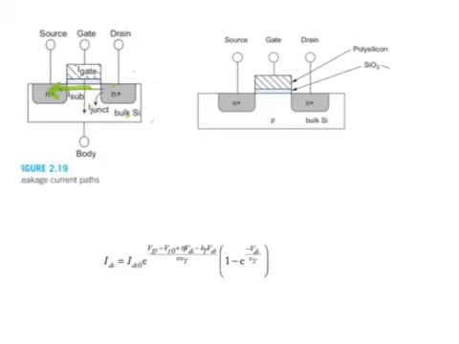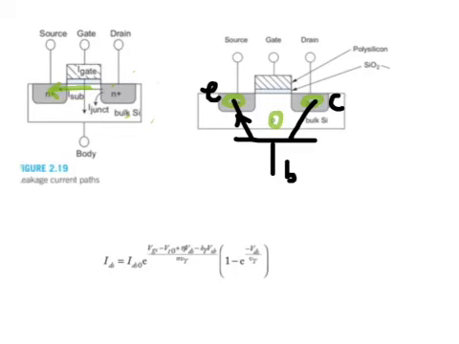Now an N MOSFET comprises an N region as the source, a P region in the bulk, and another N region in the drain. And this NPN structure also looks and acts like a bipolar junction transistor, where the bulk is actually the base, the drain is the collector, and the source is the emitter.